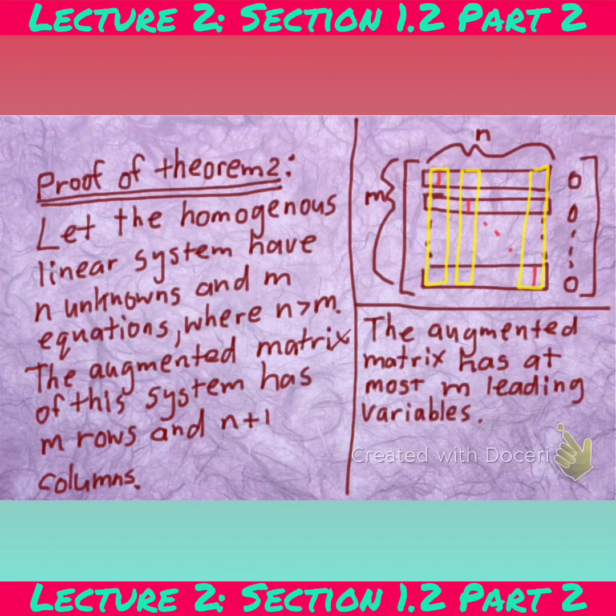Just don't forget that when I talk about the augmented matrix, I mean the row echelon form of the augmented matrix. So it has at most m leading variables. How many free variables does it have? In the worst case, it will have at least the total number of variables minus the leading variables, which is at most m. So it will have at least n minus m free variables.